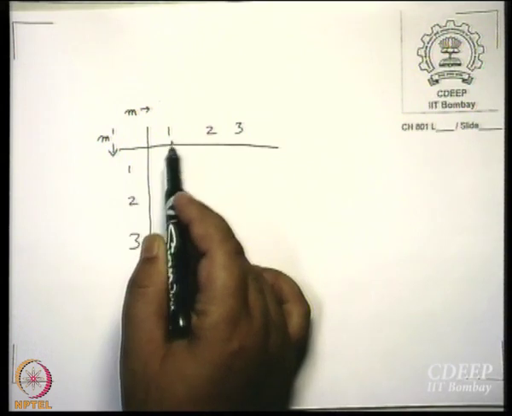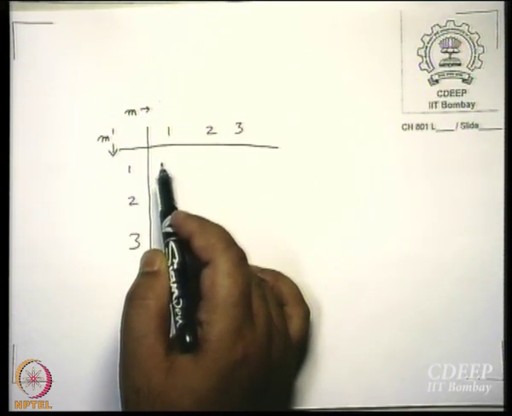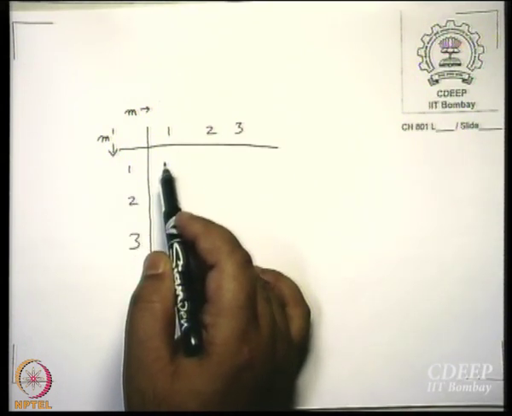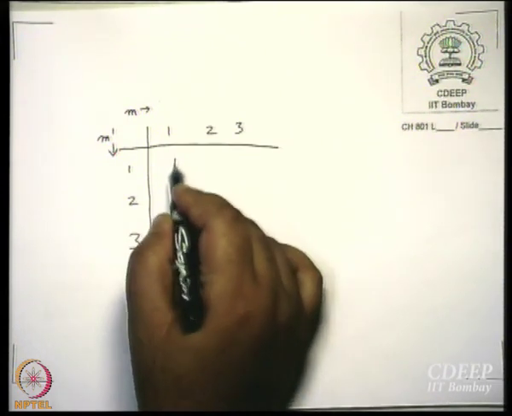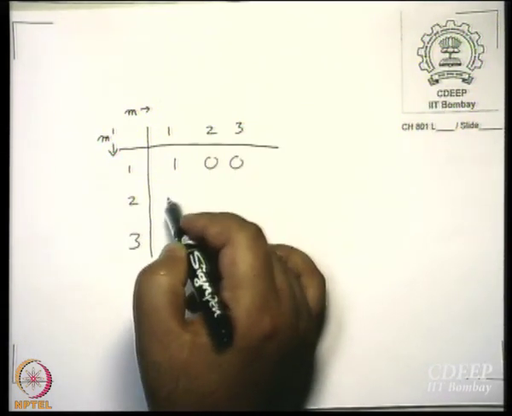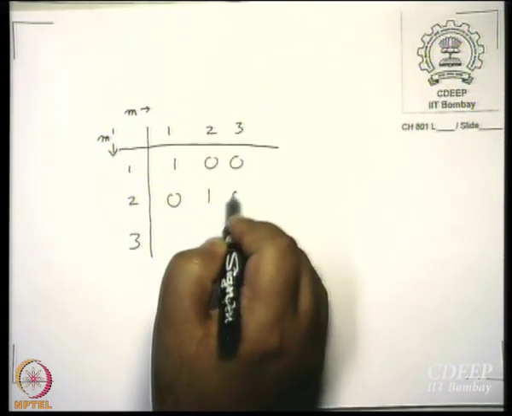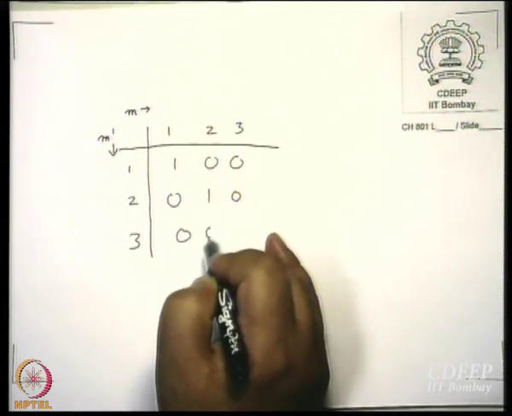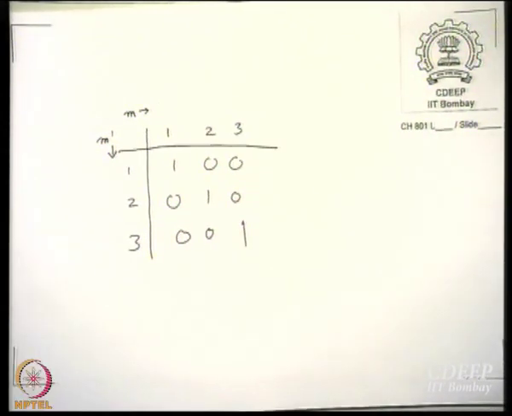So what is this product? 1 into 1. When m equal to 1, m dash also equal to 1. Then what is the Kronecker delta? 1, 1, 2. It is essentially like the unit matrix.